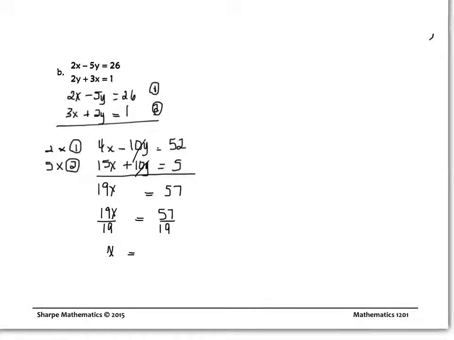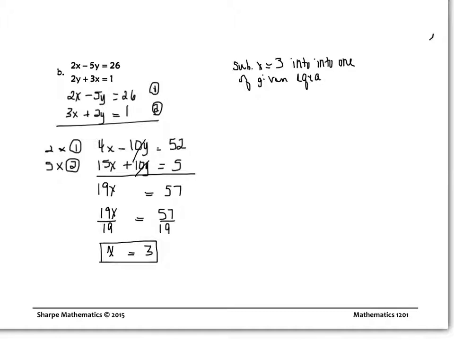And then x is 57 divided by 19, which is 3. Then I can go back and sub x equals 3 into one of the given equations to find the variable we don't have, which is y.